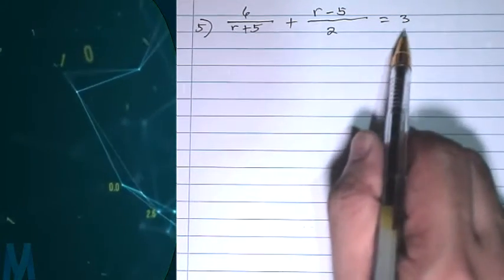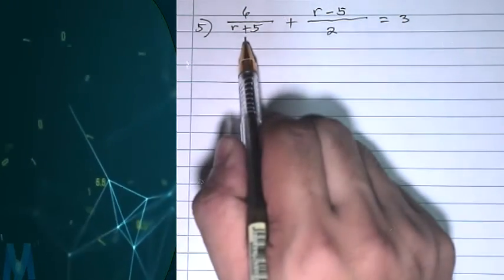As for your last example, so we have 6 over r plus 5 plus r minus 5 over 2 is equal to 3. So same thing ang himo naton anay, we're going to get the LCM of r plus 5 and 2.